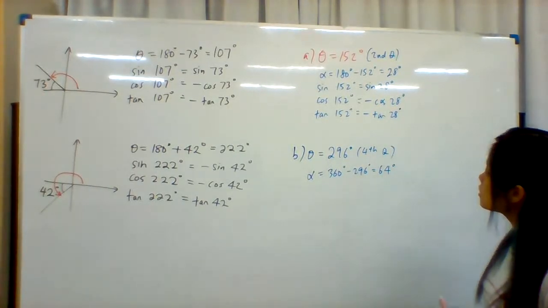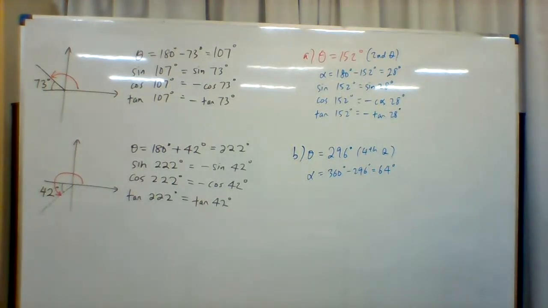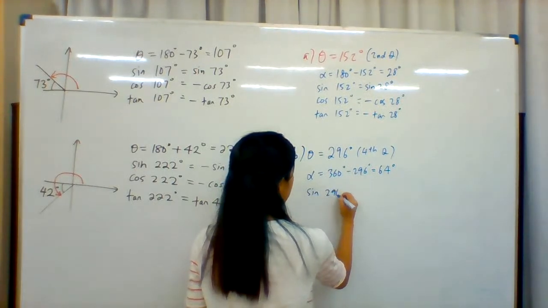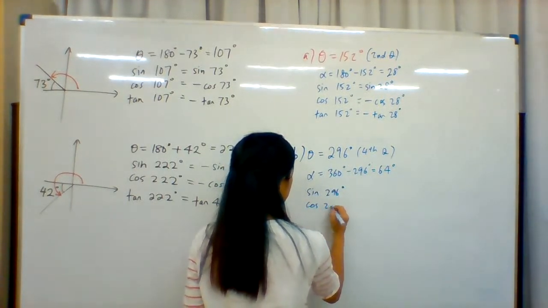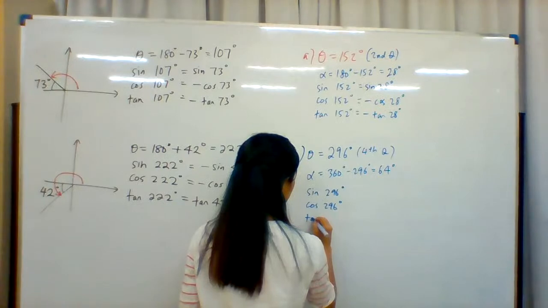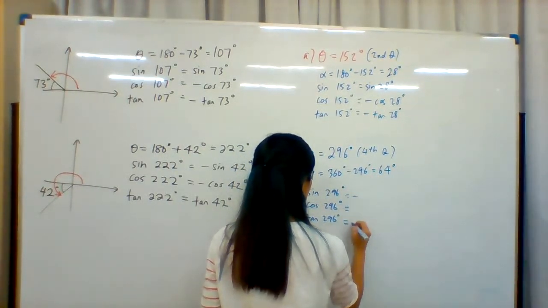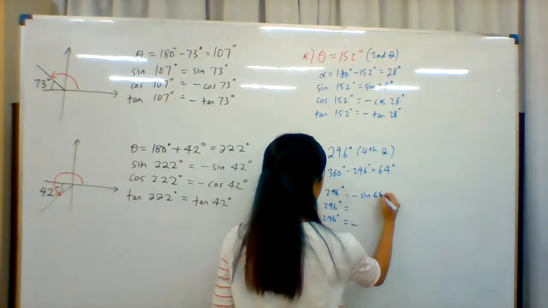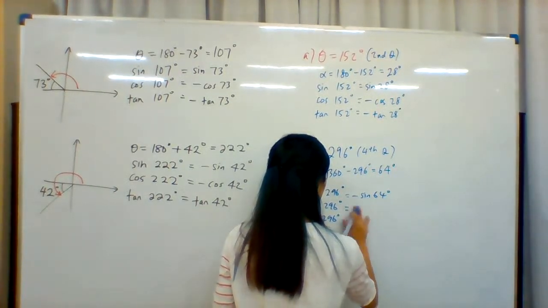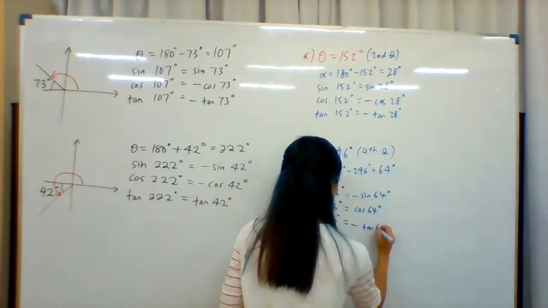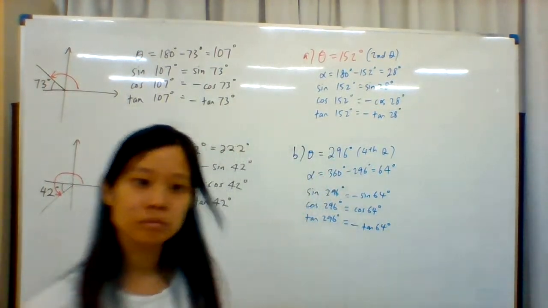So if it's in the fourth quadrant, again, which one is positive? Only cos, right? Only cos. Okay?